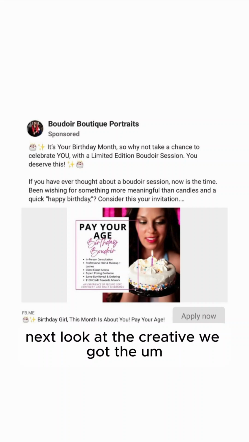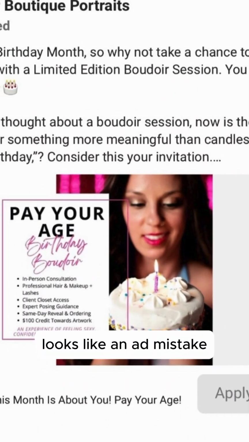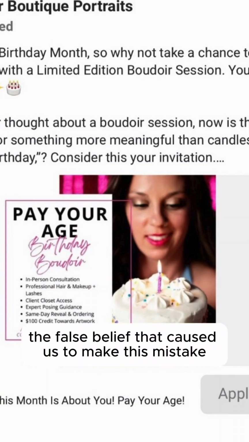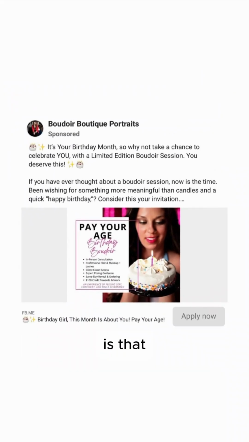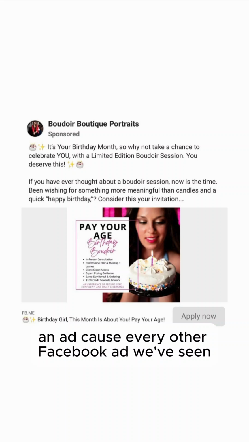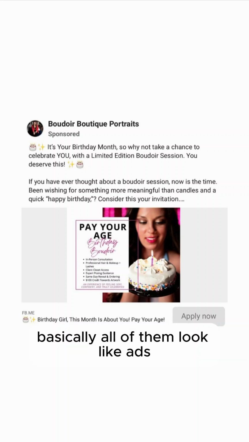Next, look at the creative. We've got the looks-like-an-ad mistake. The false belief that caused us to make this mistake is that we're making it look like an ad, because basically every other Facebook ad we've seen looks like an ad.